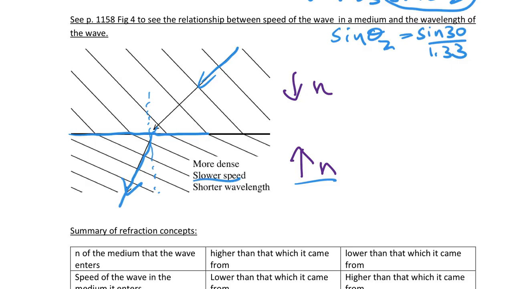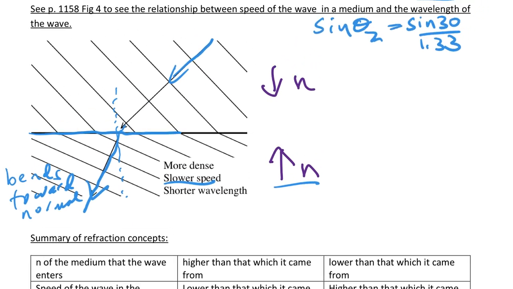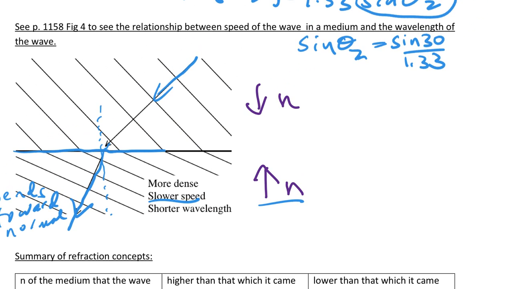How do I know it's slower? Because the refracted ray bends toward the normal. Up here, where it's traveling from, it would therefore have a lower n, and the speed of the ray would be higher. Okay, so let me just put faster speed here. Let's change the color. Faster speed.